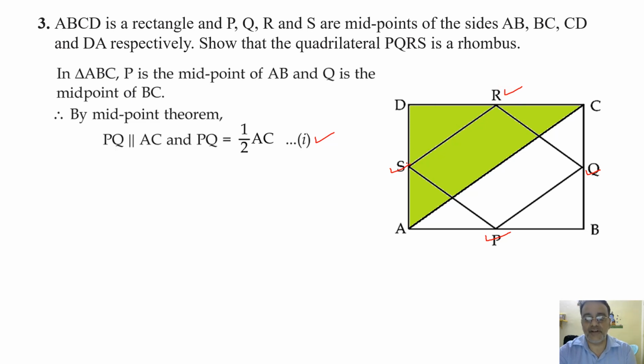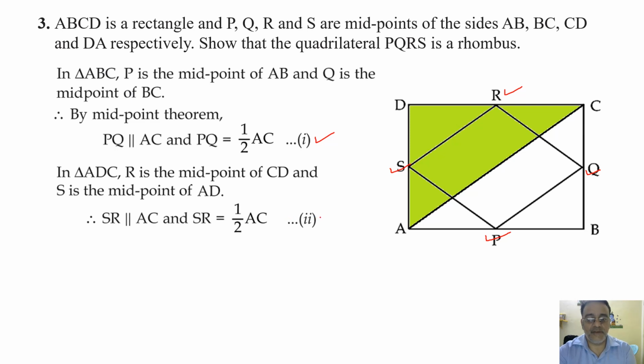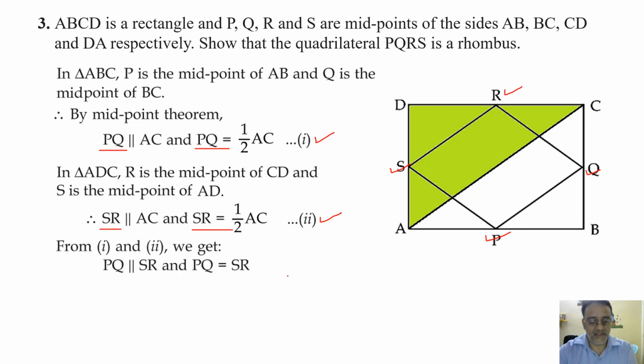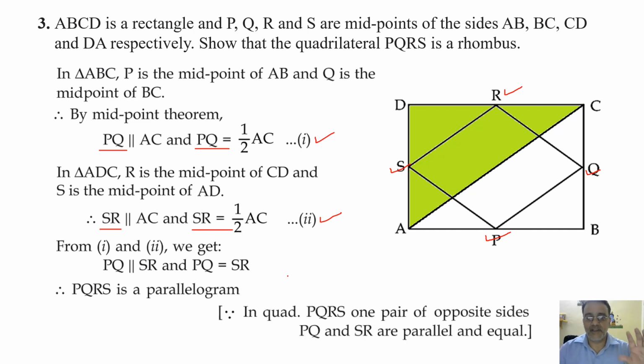So by midpoint theorem SR is parallel to AC and half of it. And from equation 1 and 2, PQ is parallel to SR and PQ is equal to SR. So this will imply PQRS is a parallelogram because one pair of opposite sides is equal and parallel. ये बिल्कुल कॉपी है पिछले क्वेश्चन का. ठीक है. नाउ पैरेललोग्राम के बाद आप लोग को प्रूफ करना है all sides are equal.